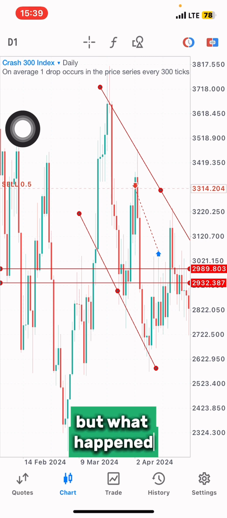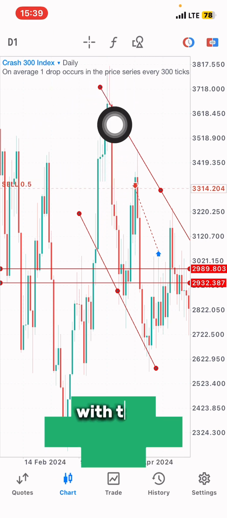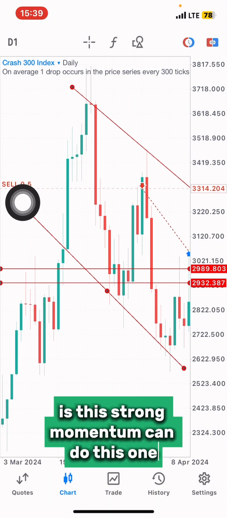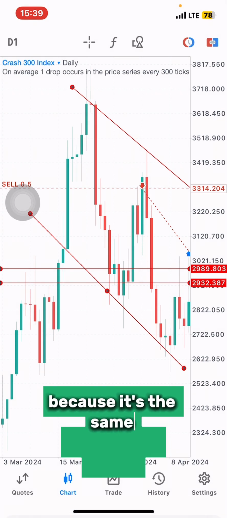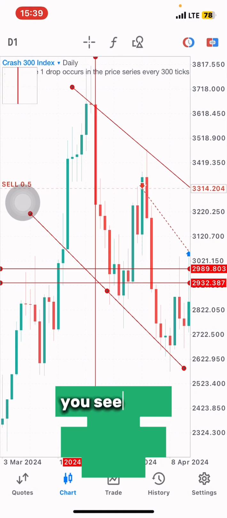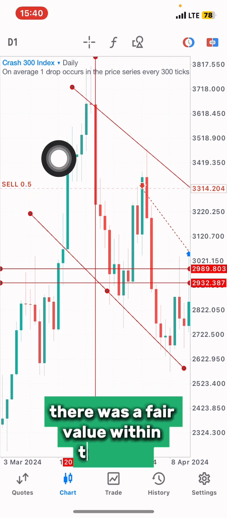But what happened? The market quickly dropped sharply and came back into range with this strong momentum candle. It's the same kind of momentum candle that we find our entry on on the opposite side. You see this green momentum candle, there was a fair value gap within this area.